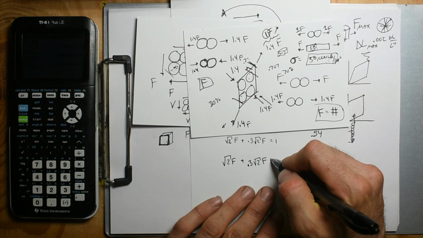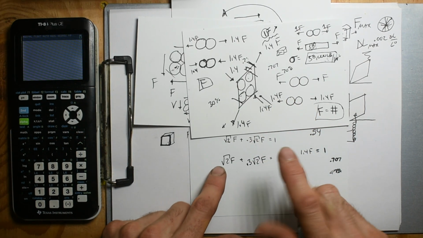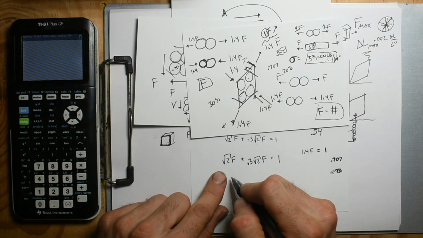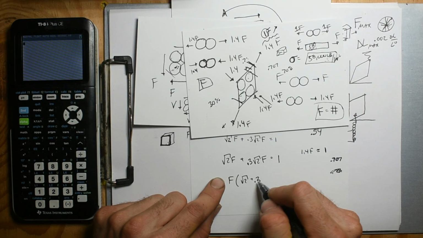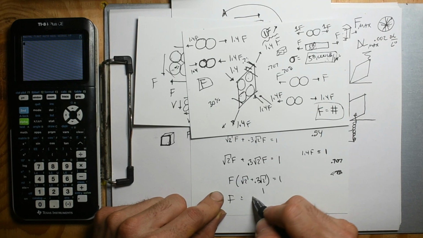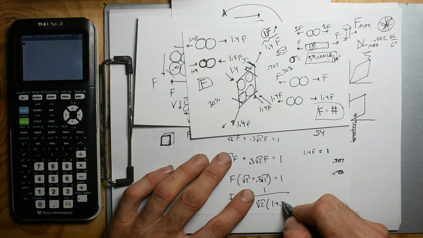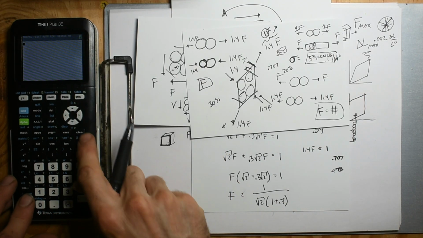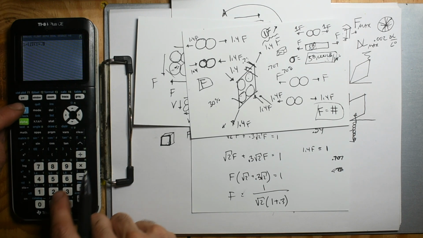So here's the equation, which goes to f square root 2 plus 0.3 square root 2 is equal to 1, where f is just 1 divided by the square root 2, 1 plus Poisson's. And if we do this, 1 divided by the square root 2, 1 plus 0.3.